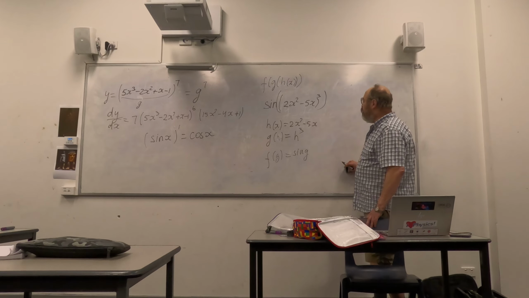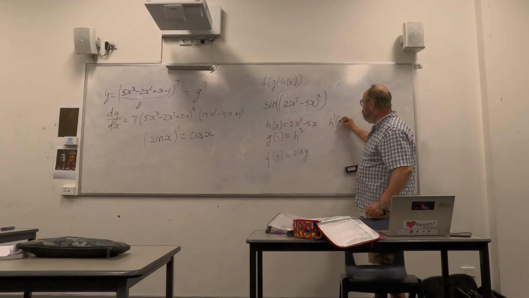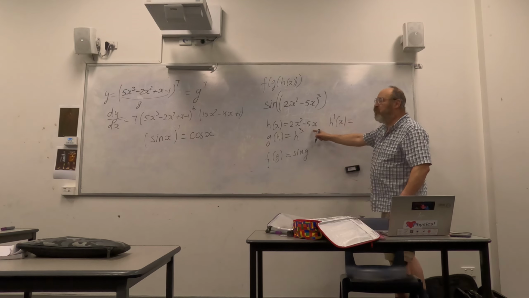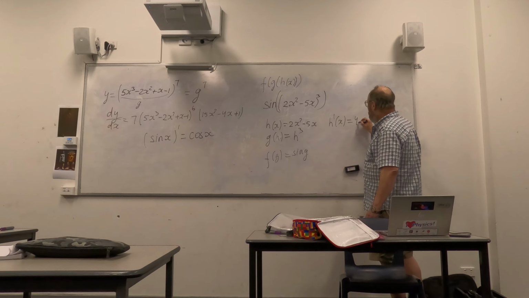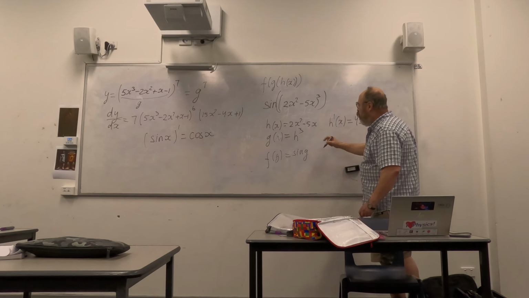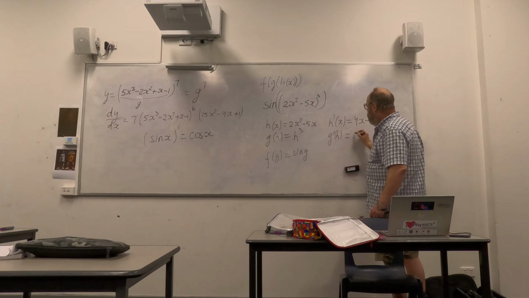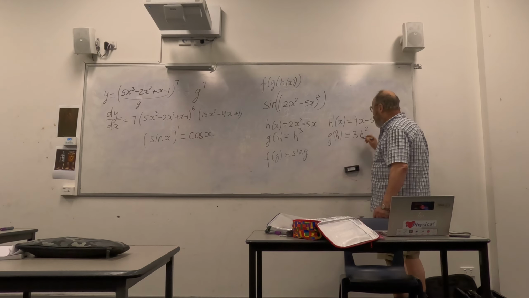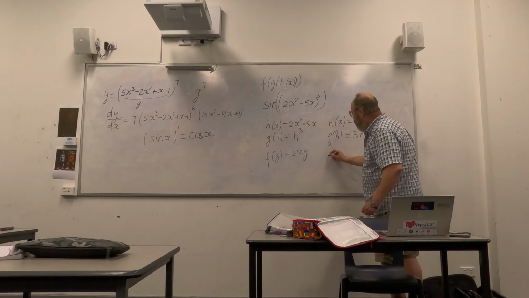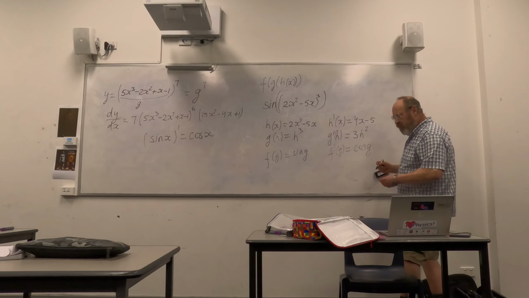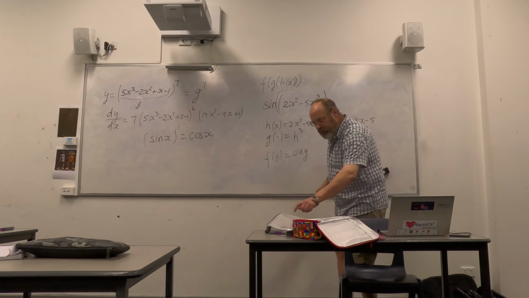What is the derivative h dash of x? 4x minus 5. What is the derivative of g dash of h? 3h squared. And what is the derivative f dash of g? Equal cos g.